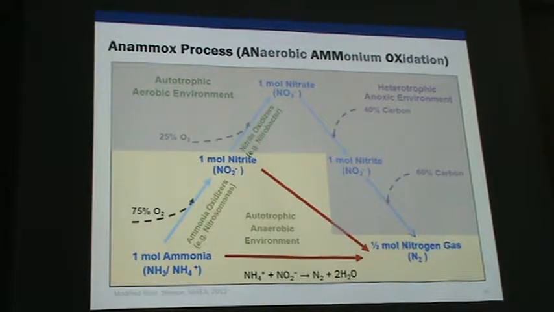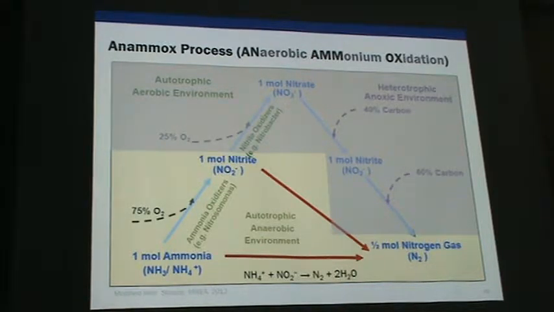So in an aerobic state, you take the ammonia, oxidize it as far as nitrite using the AOBs, and then you take the nitrite, turn the air off, and this wakes up the Anammox bacteria, and it'll take a molecule of nitrite and a molecule of ammonia and reduce it to nitrogen gas.